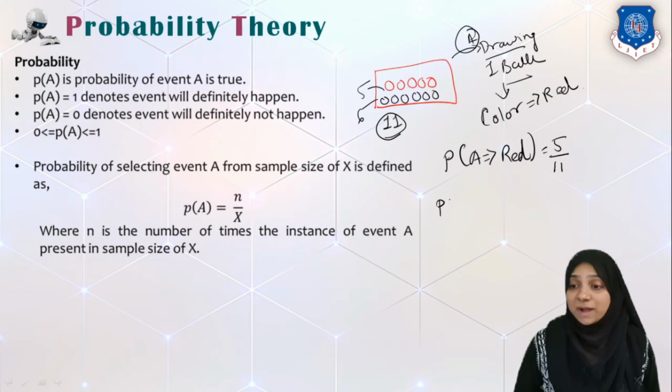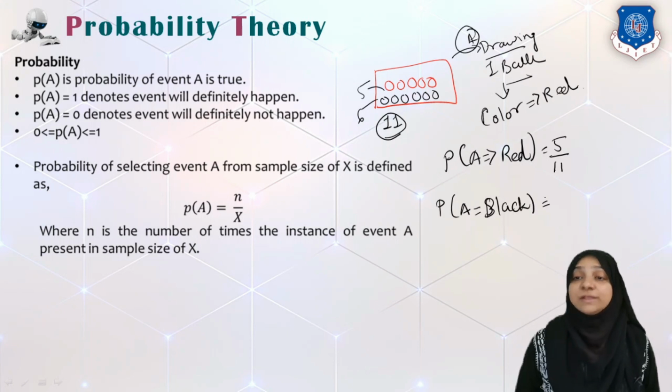Now what is the probability that drawing one ball, event A, gives a ball that is black in color? That probability will be 6 by 11, because there are in total 6 black balls and 11 balls in the box. So 6 divided by 11 is nothing but the probability of drawing one black ball out of the box.